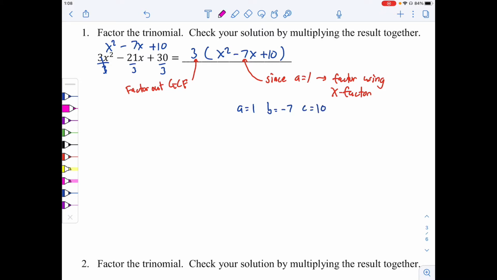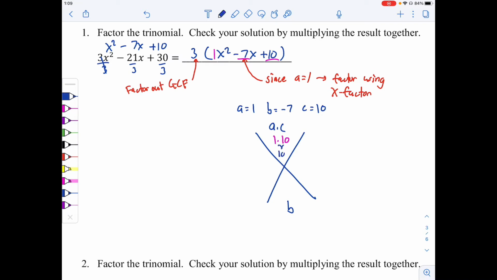So 1, negative 7, 10. And then we can write that out. We use our x factor: a times c on top, b on bottom. Our a is 1, c is 10.